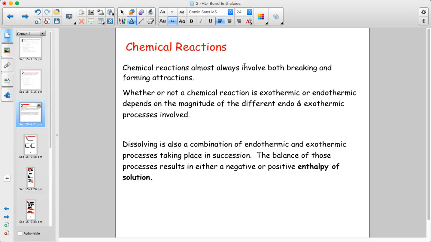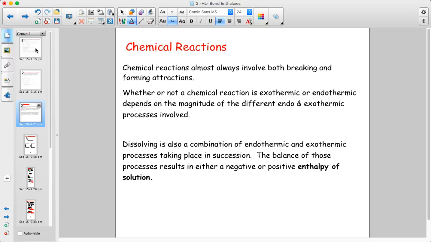And just like with a chemical reaction, when you dissolve something, the balance of those things, the endothermic breaking apart of the ions, and then the exothermic attraction of the water to the ions, determines whether or not you get a negative or positive enthalpy of solution, which is the name given to the enthalpy change when you dissolve something. And we'll come back to that one a bit more later.